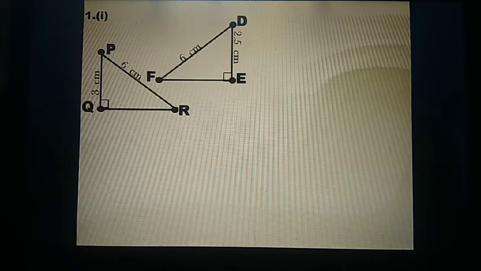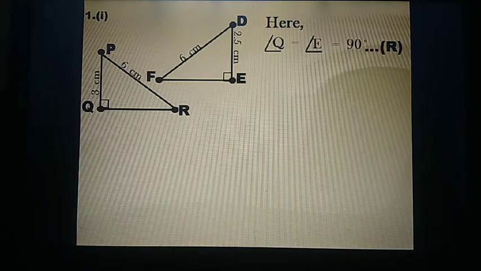The two triangles given in the first set are PQR and DEF. As per RHS, first you will check for R, then for H, and last for S. R is for the right angle. You can see here, angle Q and angle E are the right angle, both 90 degrees.